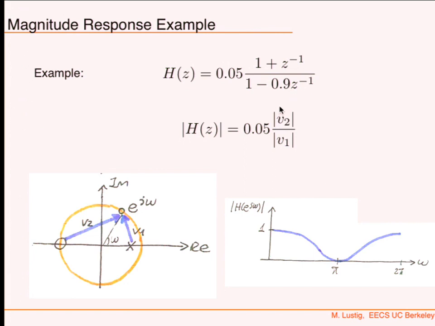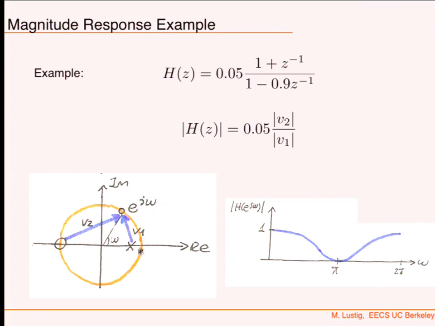And so all I need to do in order to find the magnitude of the frequency response is to look at the vector, the distance between the point on the unit circle whose magnitude I want to find, to the pole, and the one from the zero, and then I compute the magnitude of V2 divided by the magnitude of V1.